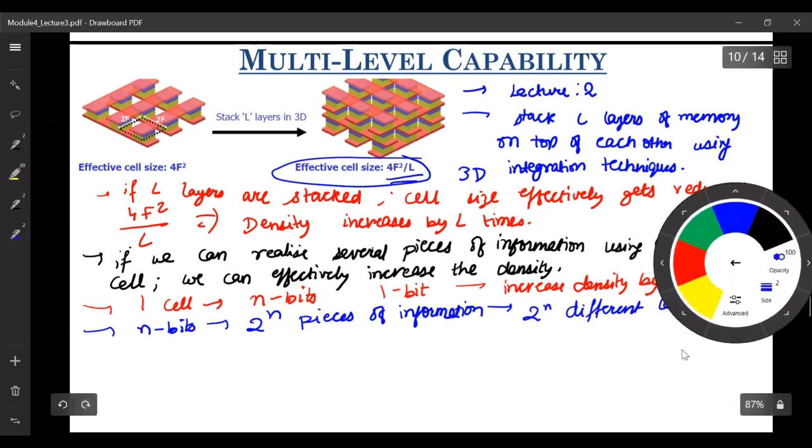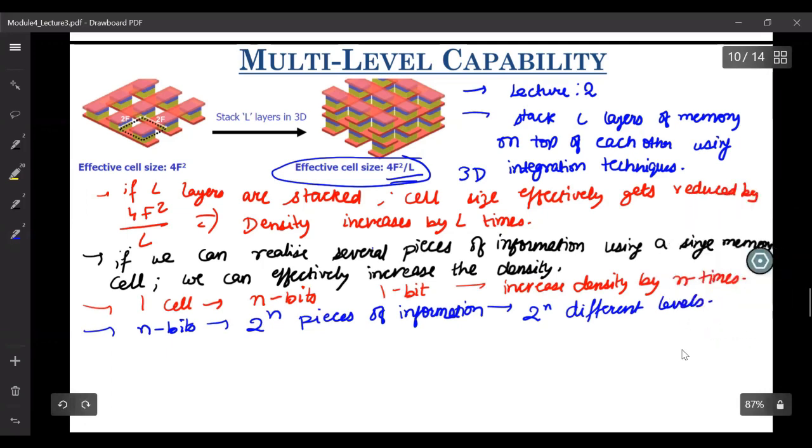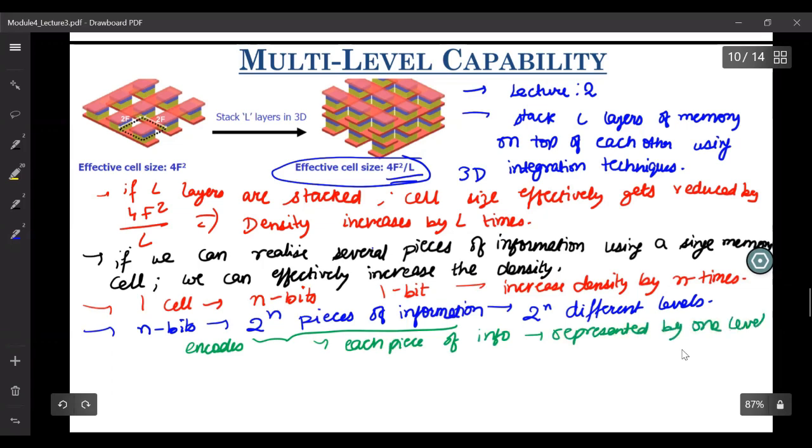So let me write that as well. So n bits encodes 2^n pieces of information, and if each piece of information is represented by 1 level, you can encode n bit information with 2 power n different levels.